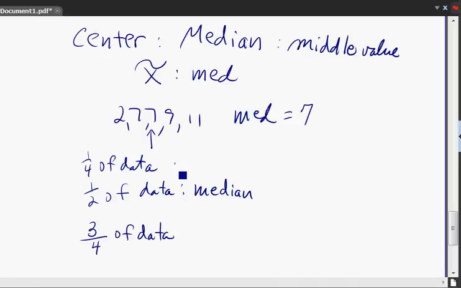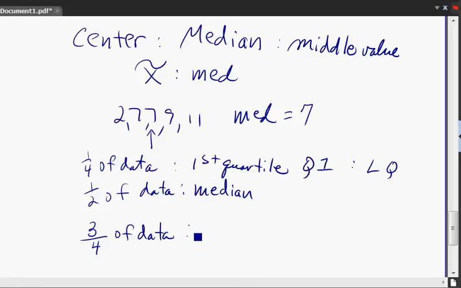The 1/4 mark is called the first quartile. In your calculator, it is abbreviated Q1. Sometimes it is abbreviated as LQ for lower quartile.